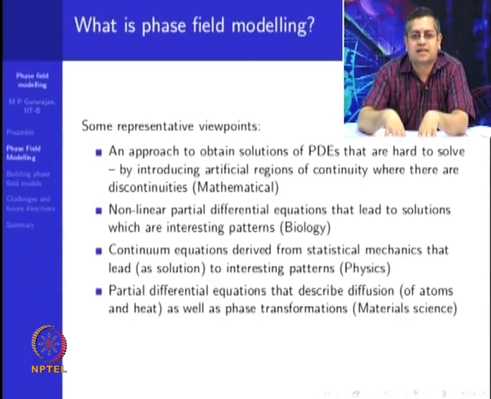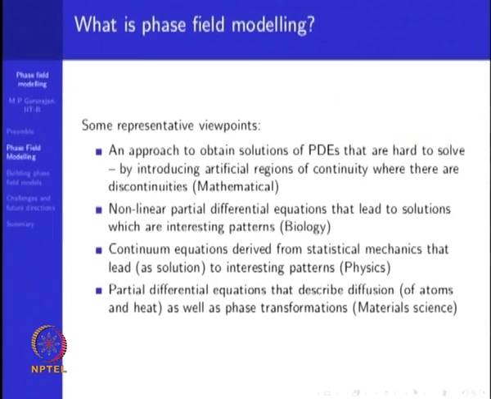Okay. They think that there is an introduction of an artificial region of continuity. So, even when there is a discontinuity like a shock wave, for example, you replace that region of discontinuity by a continuous part, and then you ask what is the functional for which the Euler-Lagrange equation will give me this evolution equation, in which if I make the interface width go towards 0, I will get the classical evolution equation.